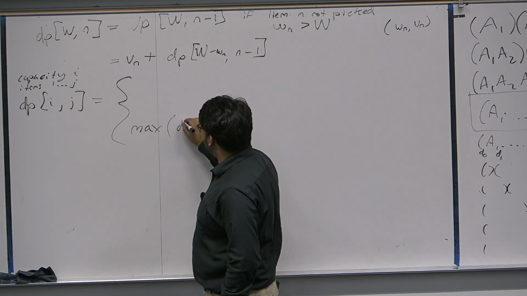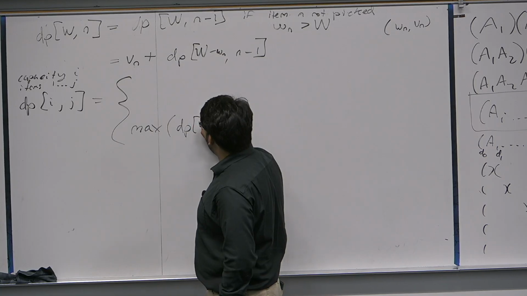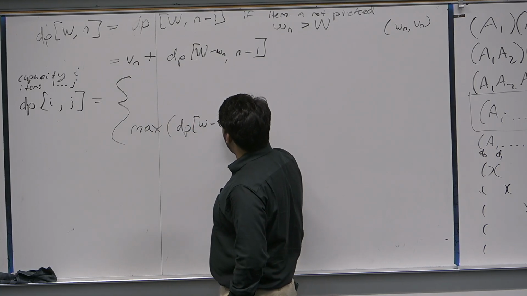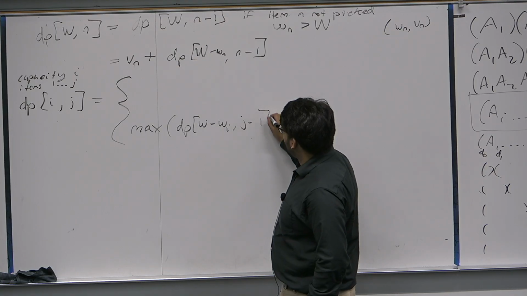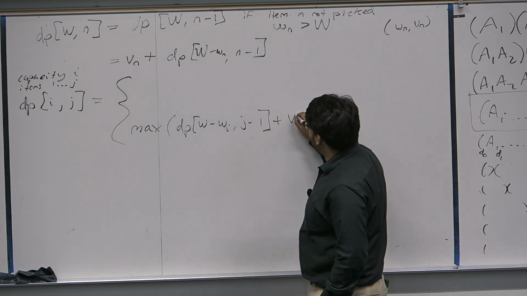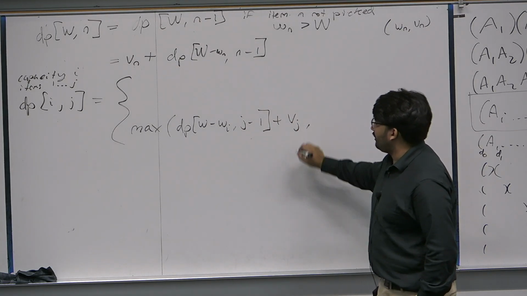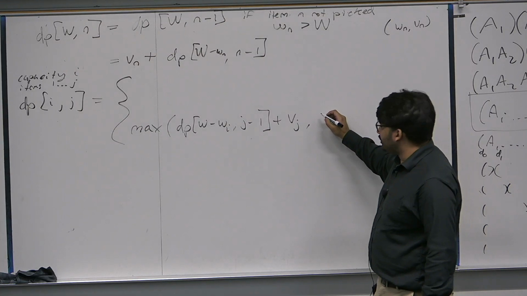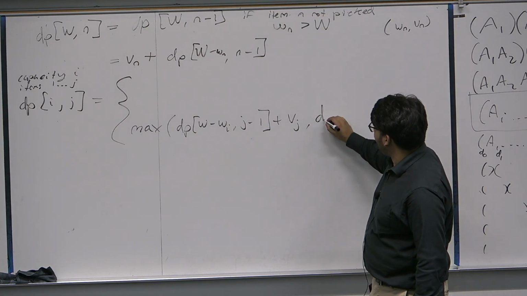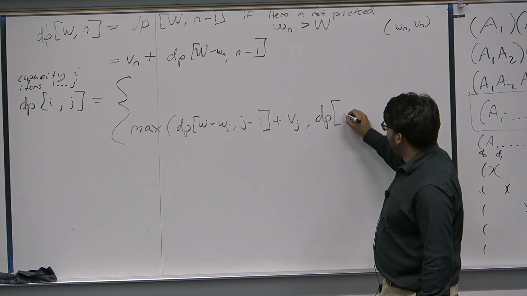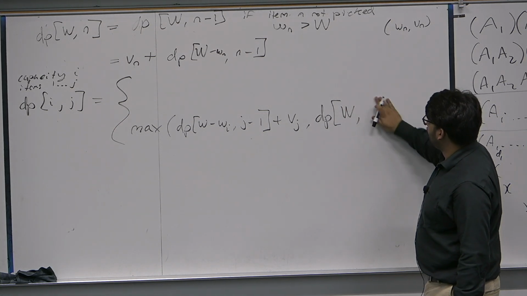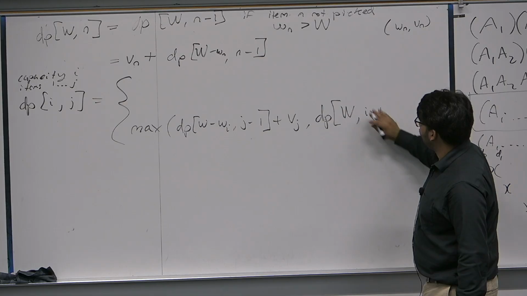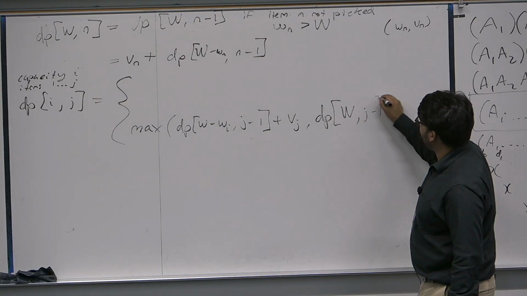This is going to be the max of dp of w minus wi, comma, j minus 1, plus vj, if you choose to steal the item. If you do not choose to steal the item, this is going to be dp of w, comma, n minus 1. Sorry, i minus 1? Nope. j minus 1, sorry.